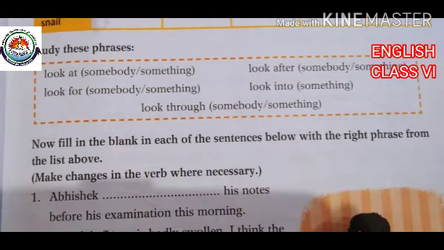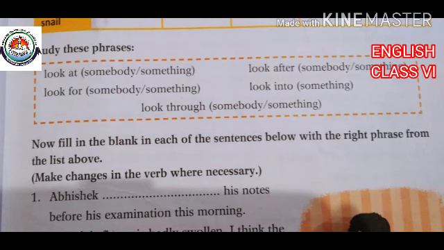Now here comes the exercise part. Here you have to complete the sentences by using the phrases which are given above suitably, and you can change the verb form according to the situation. For example, look at, you can use it as looking at, looked at, and all those things.